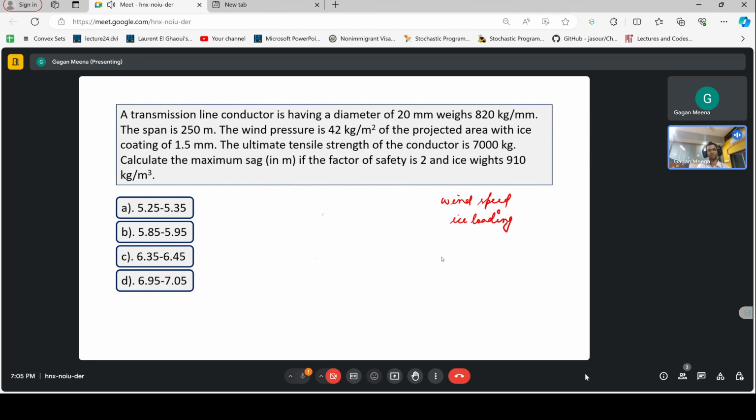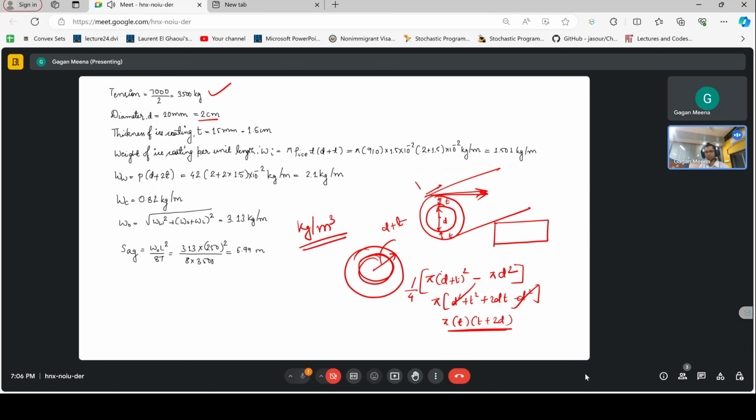This is pi by 4 into (d square plus 4t square plus 4dt) minus pi d square by 4. So this is t into (d plus t) into pi into rho. You will get pi rho ice into t into (d plus t). So you will get ice loading, that is 1.5 kg per meter.